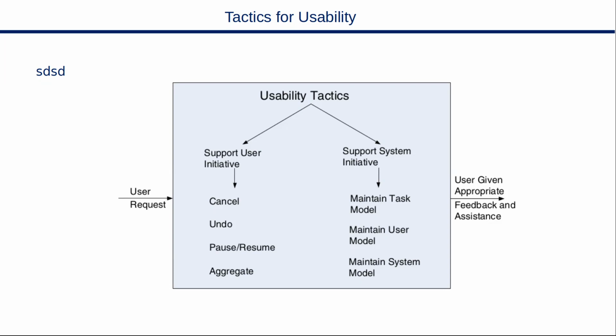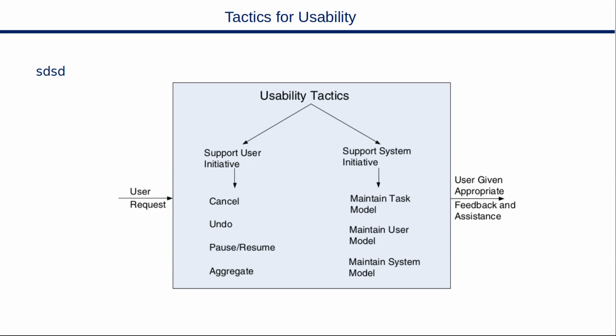Undo: to support the ability to undo, the system must maintain a sufficient amount of information about the system state so that an earlier state may be restored at the user's request. Pause and resume. When the user has initiated a long-running operation, say downloading a large file or a set of files from a service, it is often useful to provide the ability to pause and resume such operations.